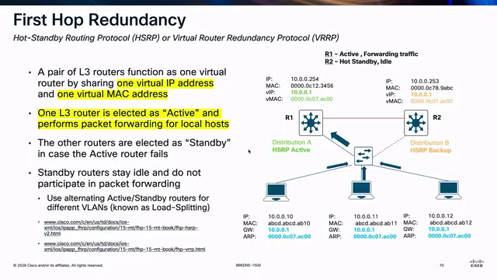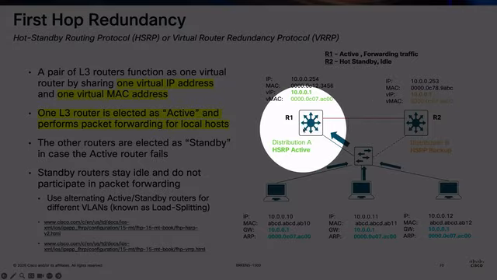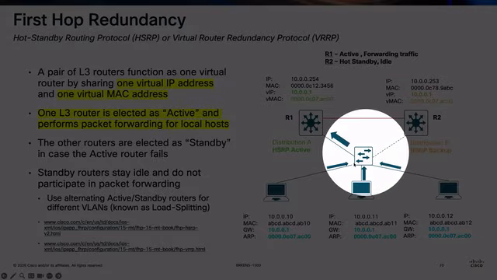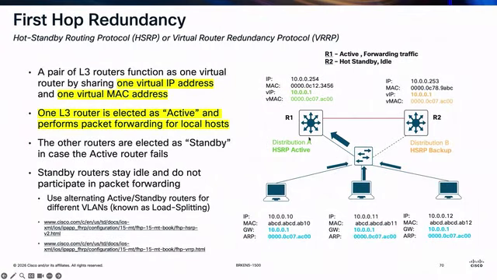So always, even though it requires you to have one of the upstream devices active, the other standby, and an inefficient use of uplink bandwidth, you've got to still remember about using first hop redundancy protocol if you don't have a more sophisticated routing protocol between the distribution and the core, because it allows you to reconverge quickly.